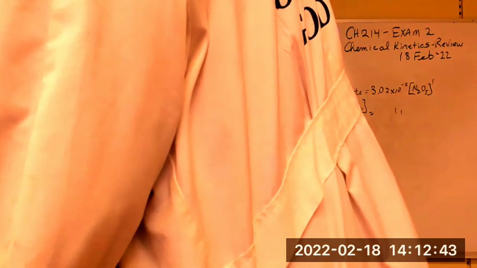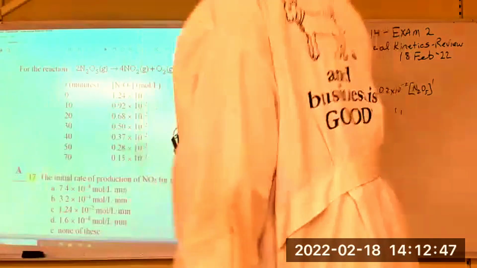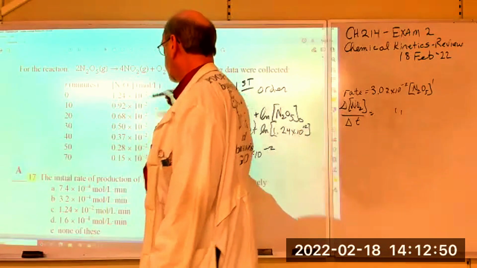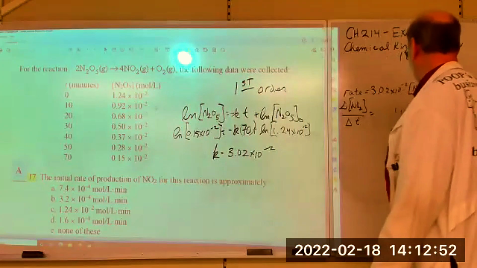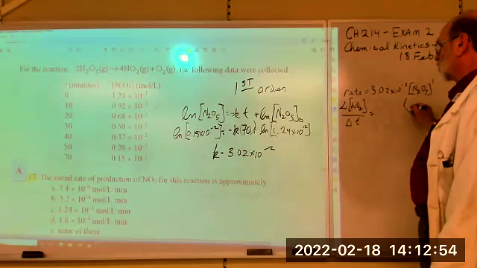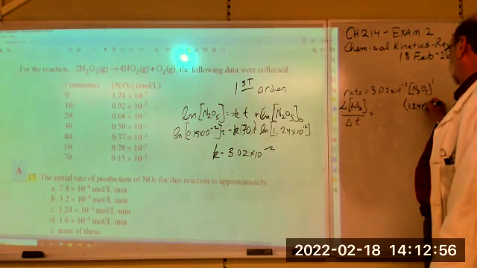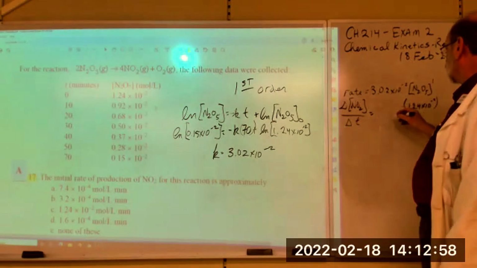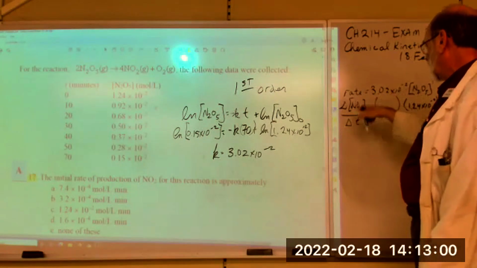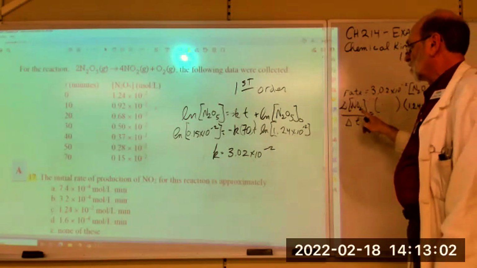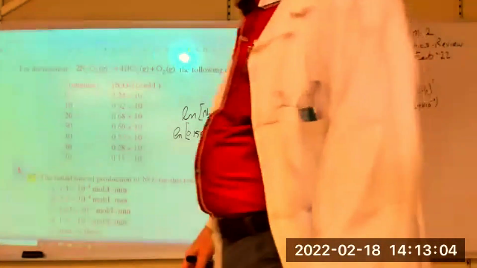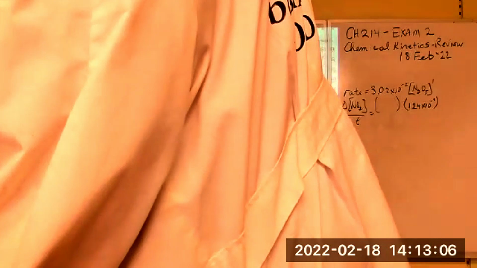Oh, so the initial rate is, what is the rate right here? So that concentration goes in there. This one becomes 1.24 times 10 to the minus 2 to the first power times this, and that's the initial rate of production of NO2. Right?